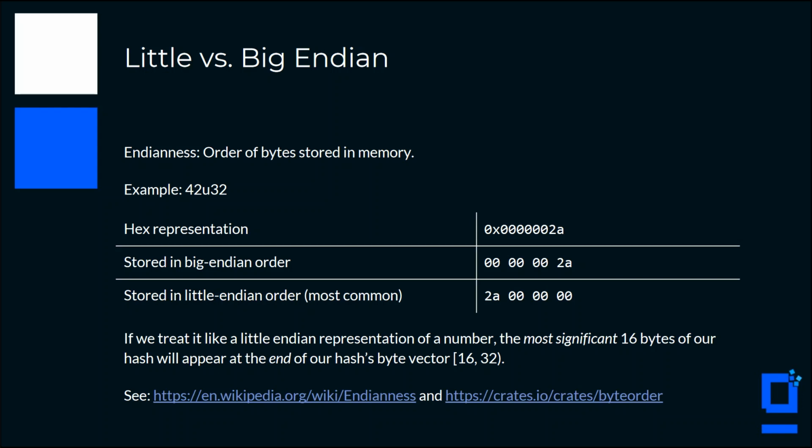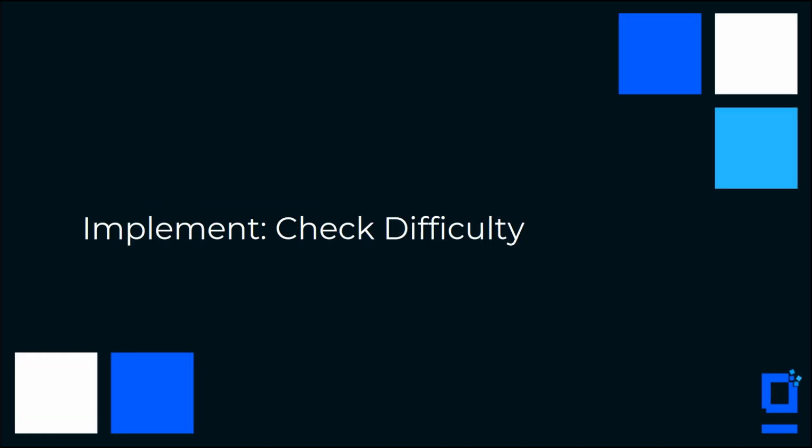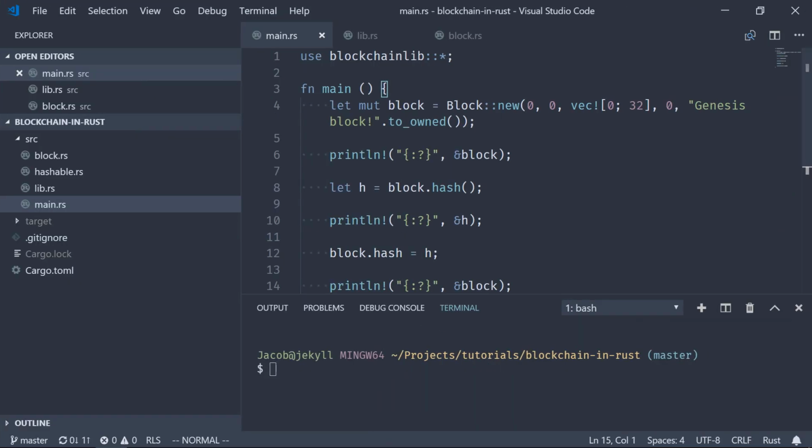Another note: when we print out a hash, if we set the difficulty to be kind of low, that means all the zeros, the low numbers, are going to be on the right side of the hash when we print it out, not the left side like we'd be used to. All right, but let's go over to the code and implement a check difficulty function.